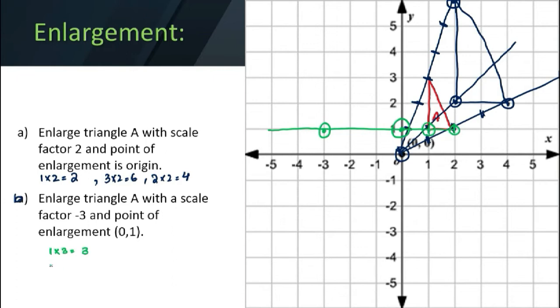So 2 multiplied by 3 is equal to 6. So here we have to mark 6 boxes, and we will count the distance from the point of enlargement. So here we have 1, 2, 3, 4, 5, 6. This point is here. Okay. Now we will join the third vertex with the point of enlargement and extend the line.